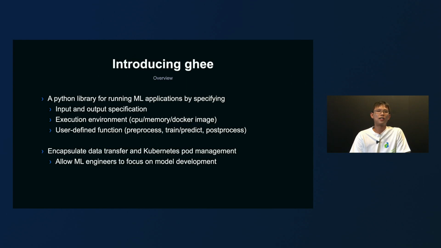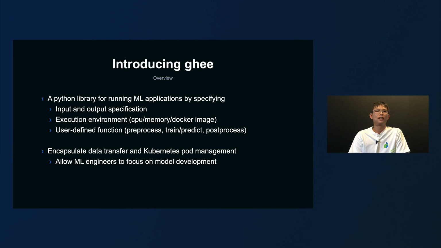Ghee is a Python library to process data in a distributed manner, and the main application is machine learning. To use Ghee, the user must specify the following. 1. Input and output specification, such as file parts of Hadoop cluster or Kafka's consumer topic. 2. Execution environment.